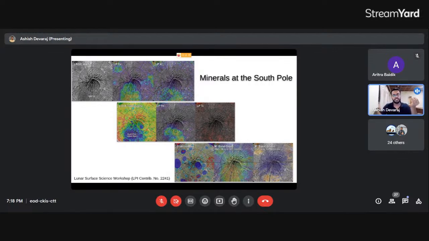So that is one of the things which is happening. There are various processes like heating. Those methods can be used to extract other elements like iron, thorium, titanium, and all that.